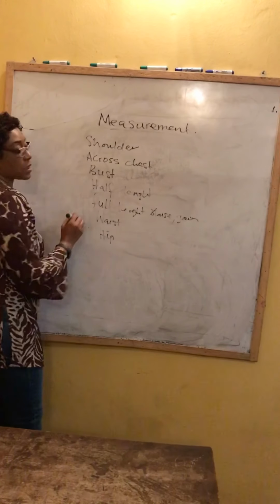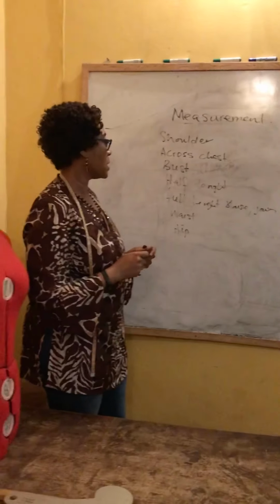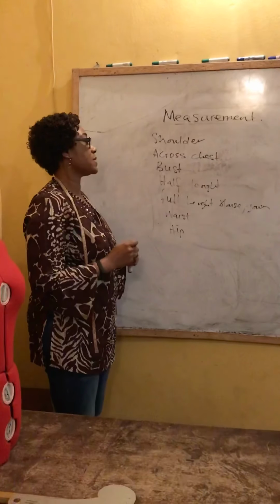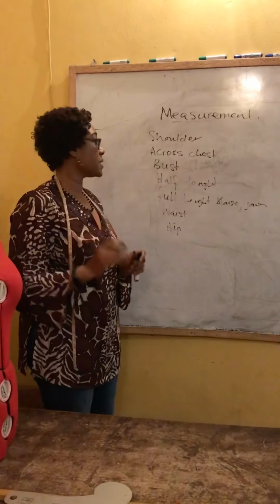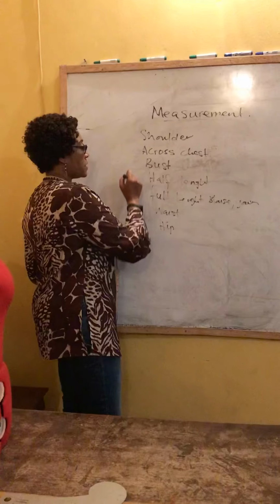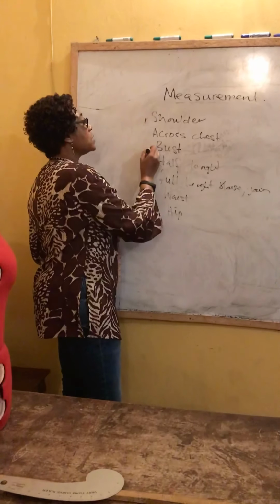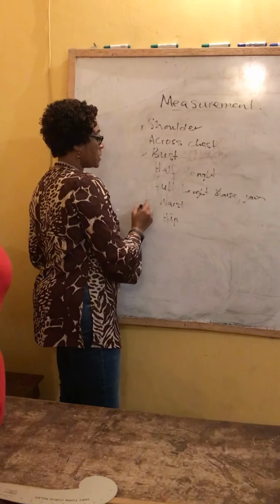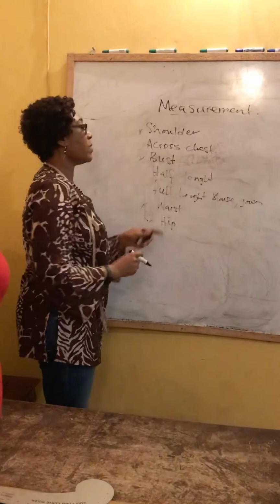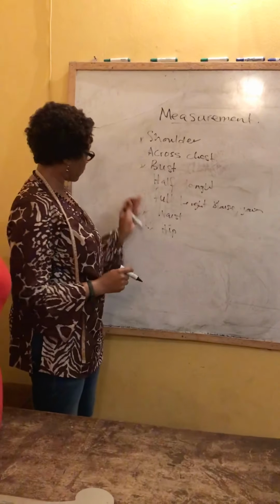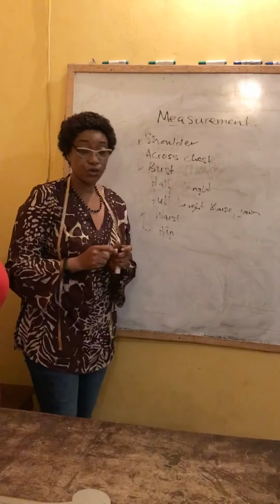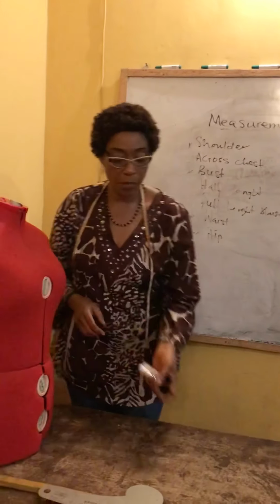All these measurements are very, very important. And the very, very specific ones I want you to pay attention to are the shoulder, the bust, the waist, and the hip. The moment you are able to get these four accurately, your dress or outfit will come out very well.